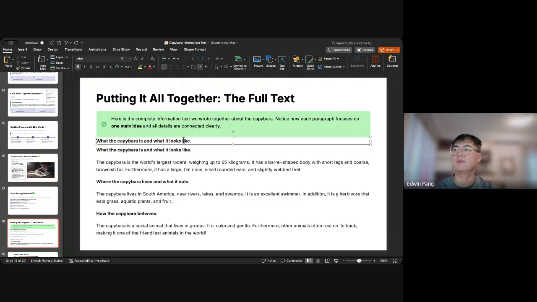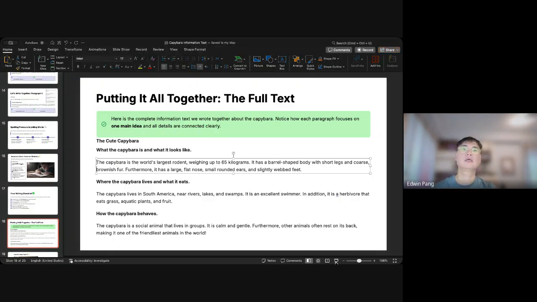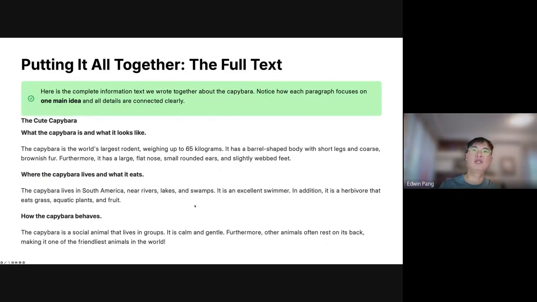So that shows you that even Mr. Pang can forget to do things. And again, if you do something wrong, always apologize. It's okay. I'm going to use Nathan's title, The Cute Capybara, right on top before I start with my main idea and supporting details. Okay, this is the complete version.